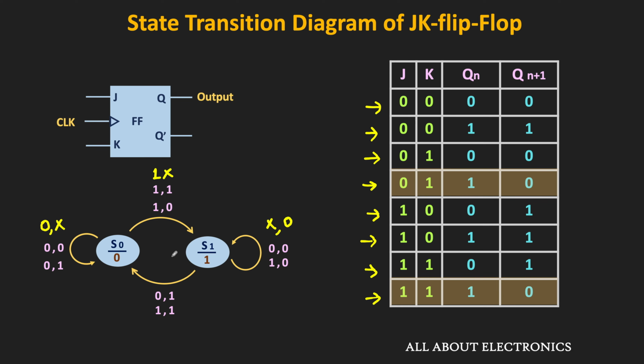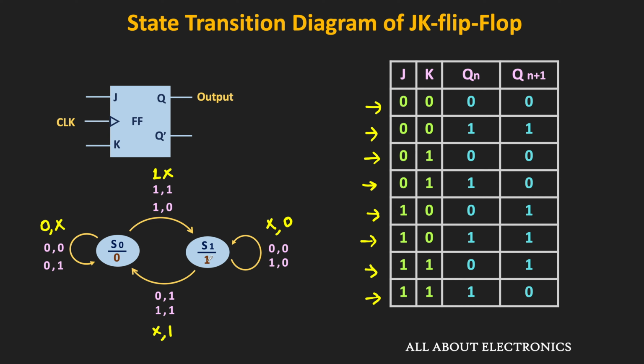Therefore, it will do a transition from S1 to S0 state. So in general, we can say that when J is equal to X and K is equal to 1, then the output of the flip-flop will change from 1 to 0. So this is the state transition diagram of the JK flip-flop. So in this way, we can draw a state transition diagram of the flip-flops.